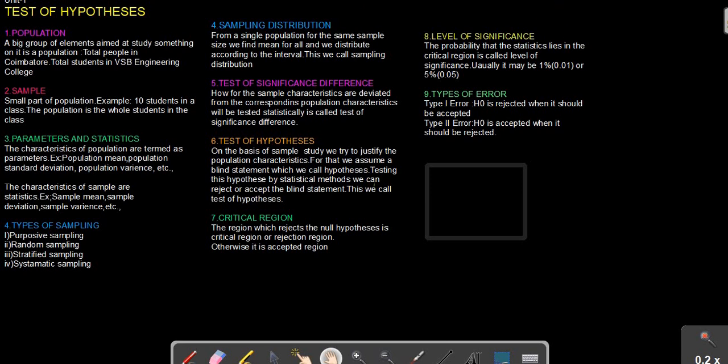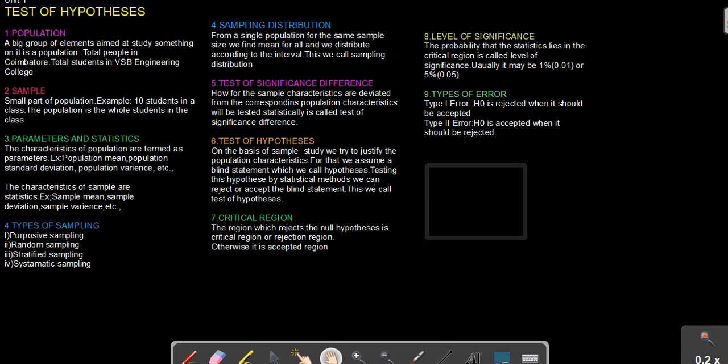Now, critical region. What does critical region mean? The region where the statistic falls, whether accepted or rejected, is called a critical region. If the statistic falls in the accepted region, it is called the acceptance region.